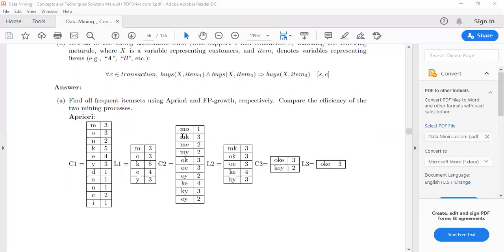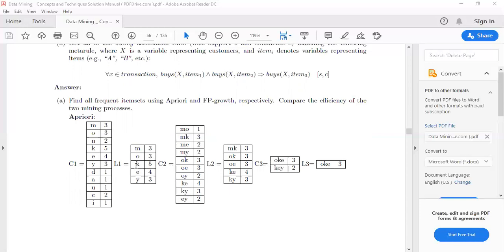Now we have to frame this. I'll repeat once again. All these items having a value of 3 or more than 3 will be taken to the next level. From this level we generate the two-item combinations: MO, MK, ME and MY, and then OK, OE and OY.